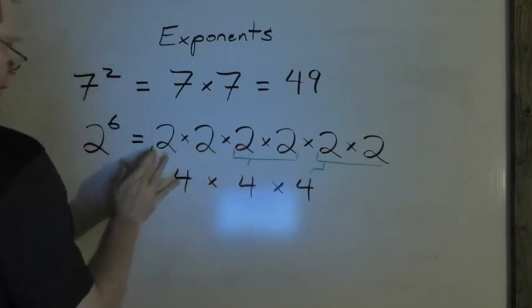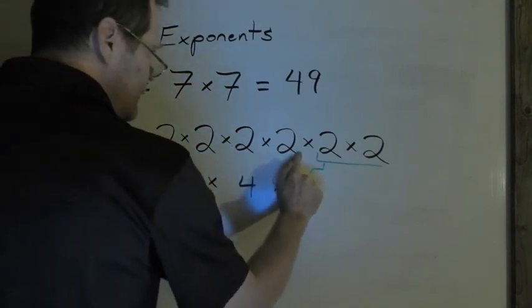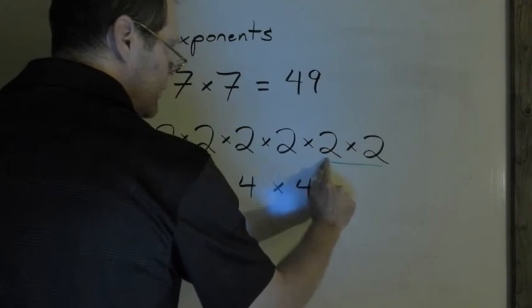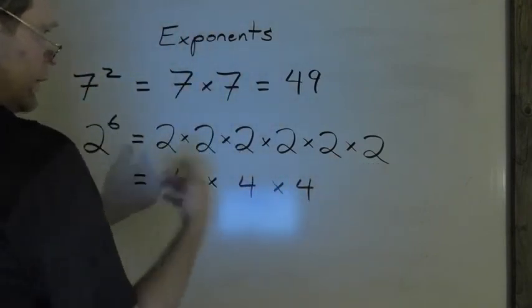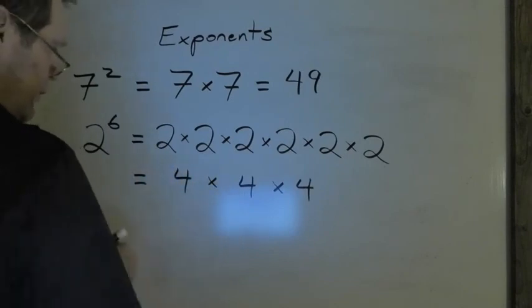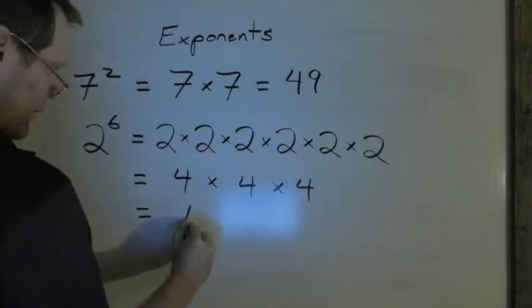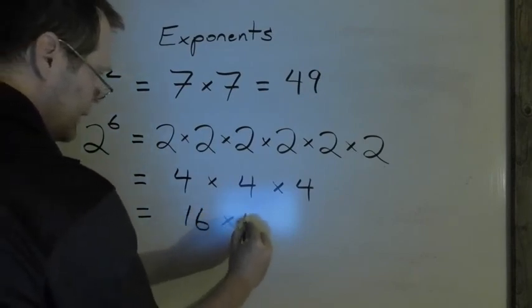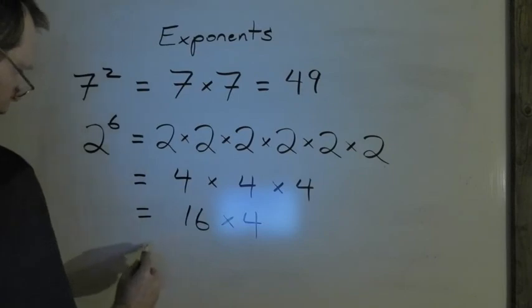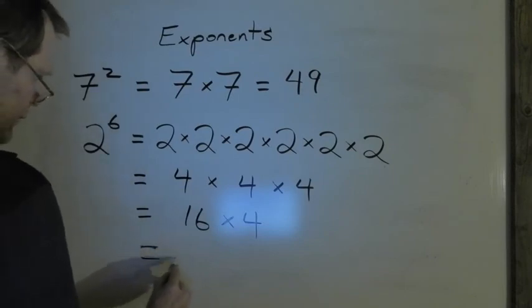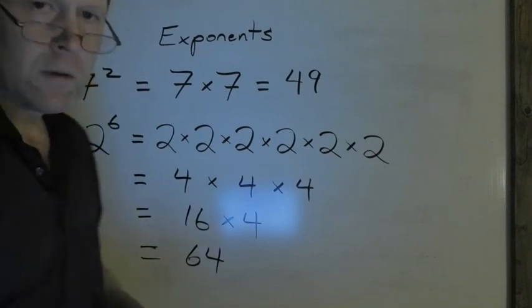So looking at this, 4 times 4 we know is going to be 16. 16 times 4 is going to be equal to 64.